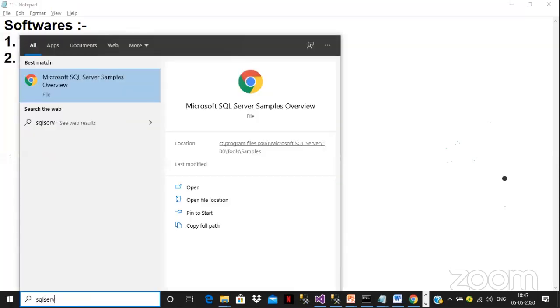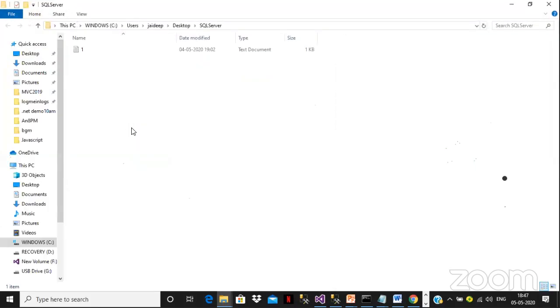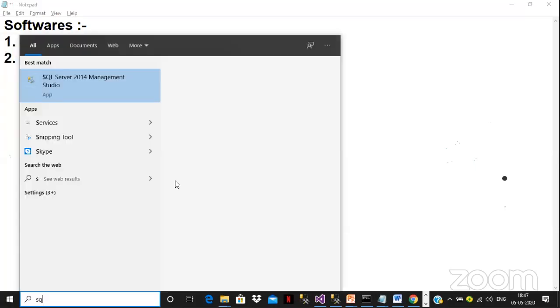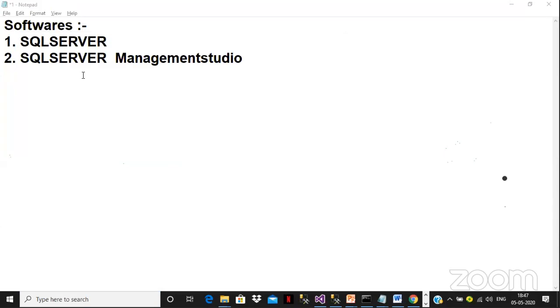SQL Server 2008 R2, that is one version. And here I have one more, SQL Server Management Studio. Here you see SQL Server 2014 Management Studio. Just click on that window.